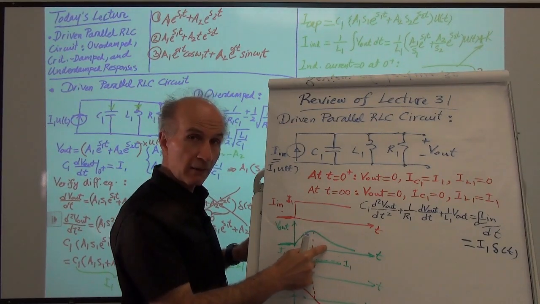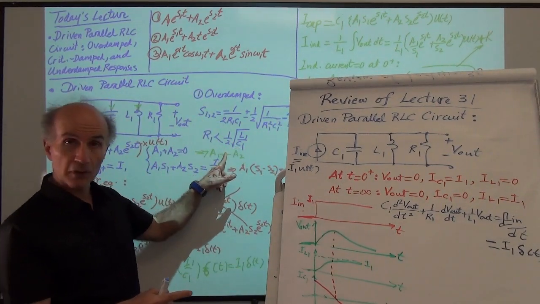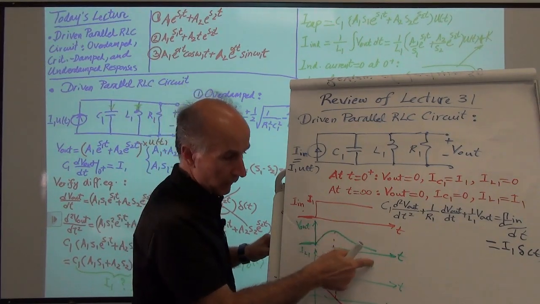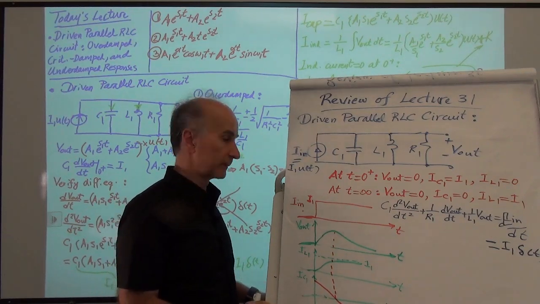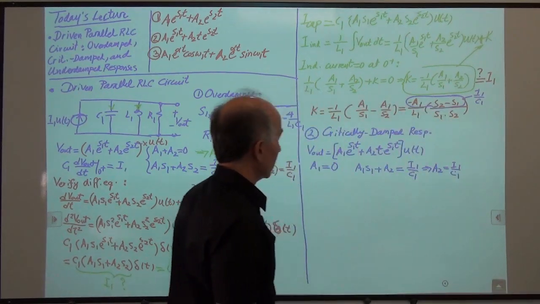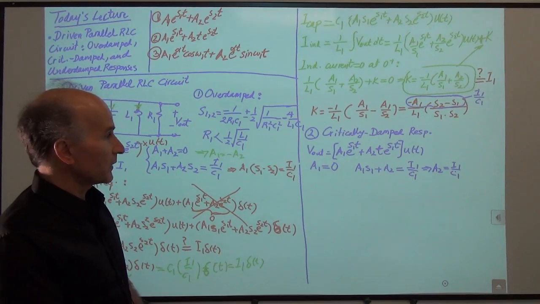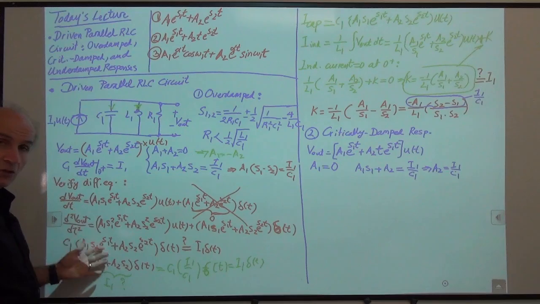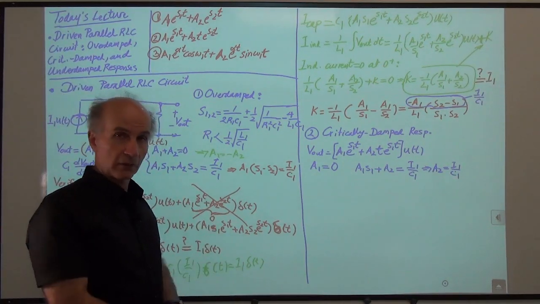But as long as the resistor is this value or smaller, V out just settles like this without going below 0 and coming back, without any undershoot. Okay, so that is the situation of critically damped response. And once we have V out, of course, we can find everything else. We follow the same procedure for the current through the capacitor and the current through the inductor.